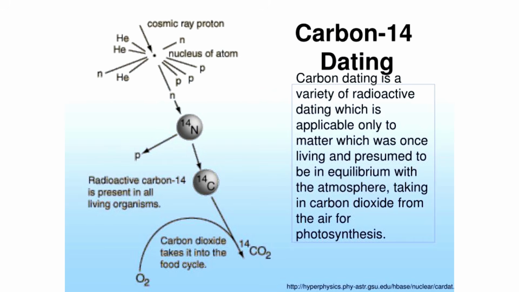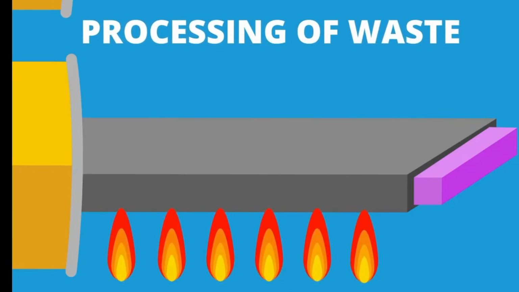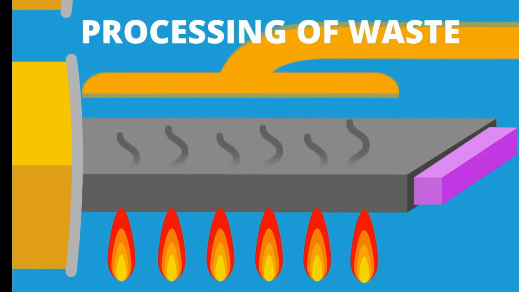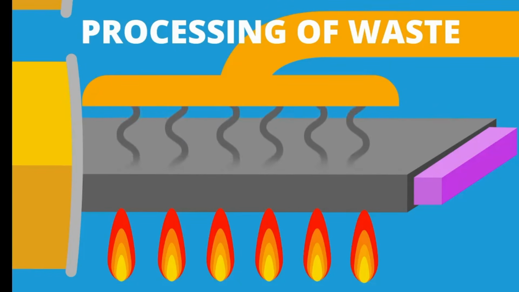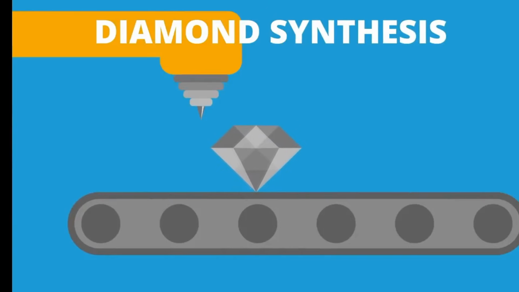So these companies' idea is you can process the graphite to selectively remove the carbon-14. And they find that the highest densities of carbon-14 are found right at the surface. So I think what they plan to do is heat up the graphite to sublimate off the carbon-14 at the surface, and then make it into diamonds.